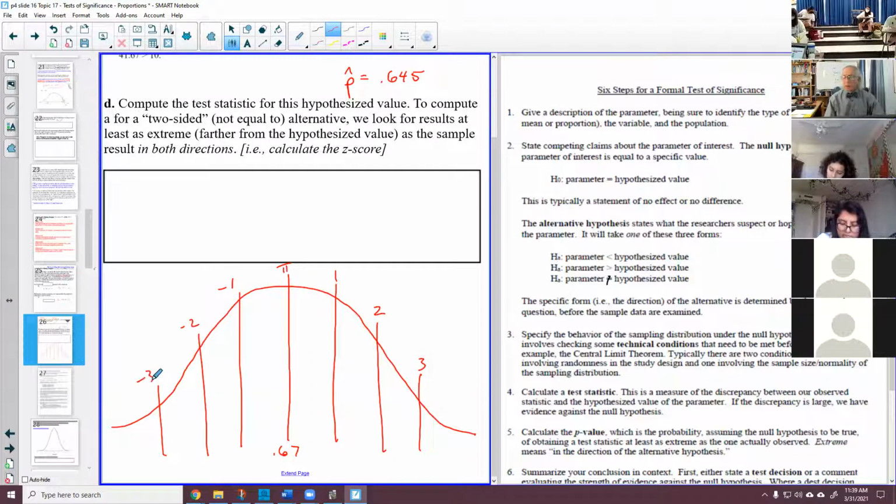Well, I need to figure out how I'm going to calculate my standard deviation. Can you help me? How am I going to calculate my standard deviation? You're going to use the z-score. I don't know the z-score yet. I have to calculate my standard deviation before I can find my z-score.